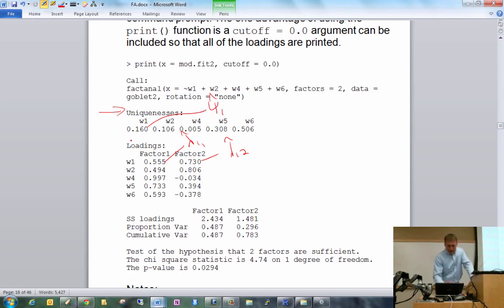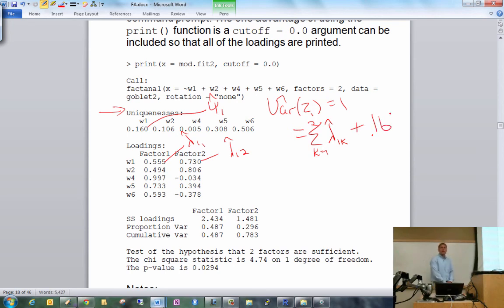So for example, remember how the estimated variance in this case of z1, which of course will be 1, is equal to the sum of lambda 1k hat squared, k equal 1 to 2, plus the estimated specific variance, 0.16.